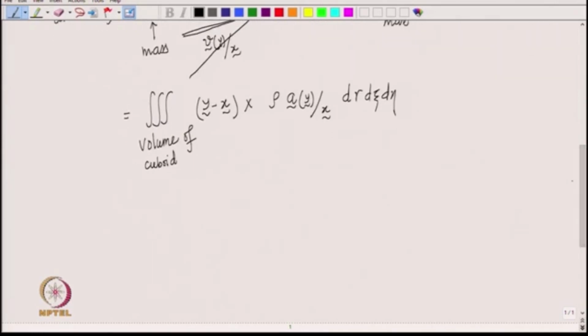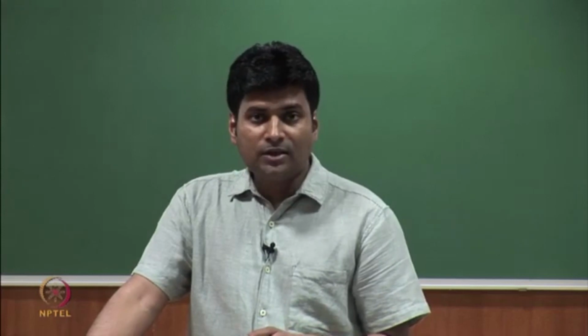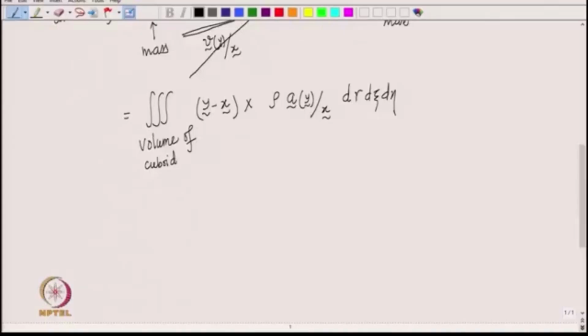Now, can you see this is very much like the body force term, where B is replaced with rho A y, right. So, basically this term here, so it was earlier the body force B of y, otherwise the integration is the same.